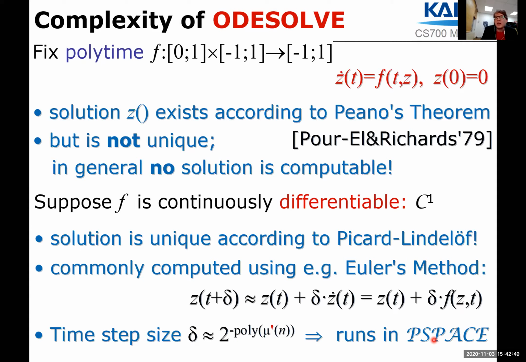So in the Riemann integration, we're given a right-hand side function f, which does not depend on z, just a function of one parameter t, and we're looking for an antiderivative. We're looking for function z, whose derivative is f. So indefinite Riemann integration is a particular case of solving an ordinary differential equation where the right-hand side function does not depend on z.